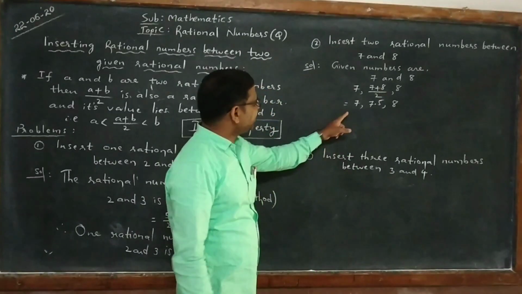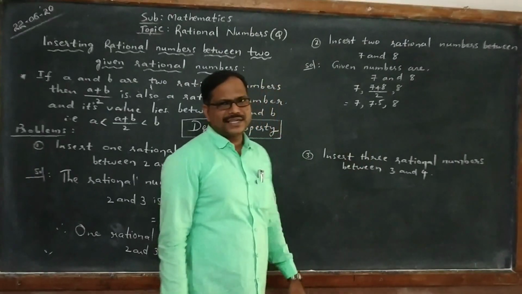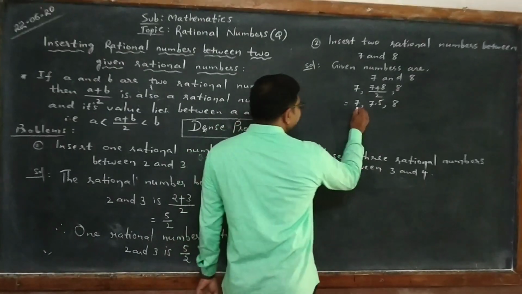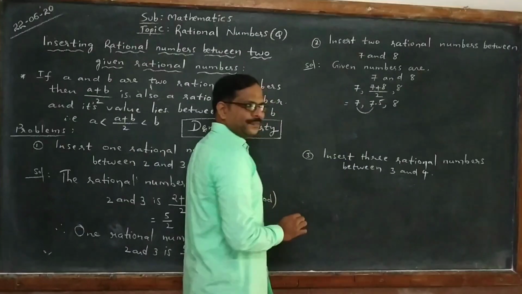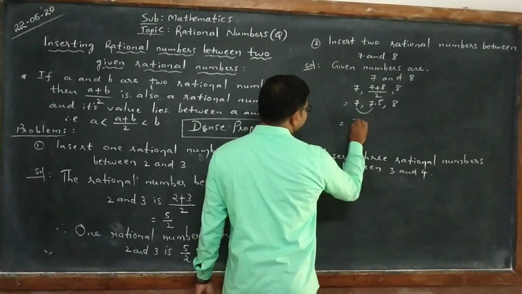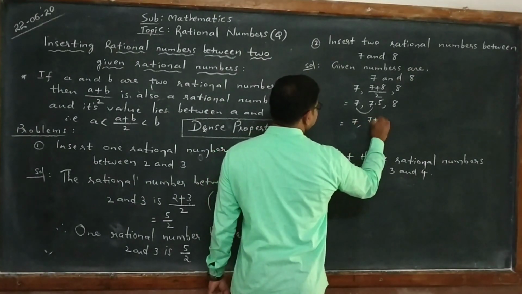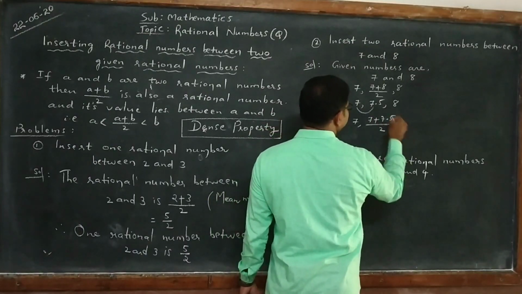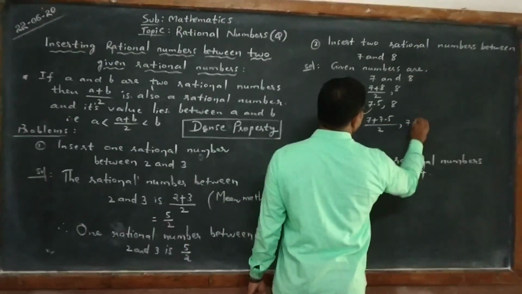So between 7 and 8 I got one rational number, that is 7.5. Again, between 7 and 7.5 one more rational number will be there. What is that? (7 plus 7.5) by 2. Between these two I am finding.